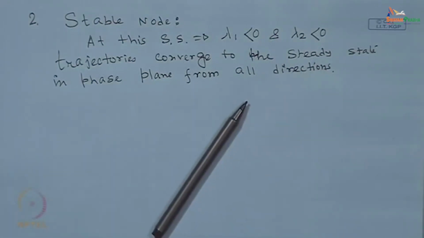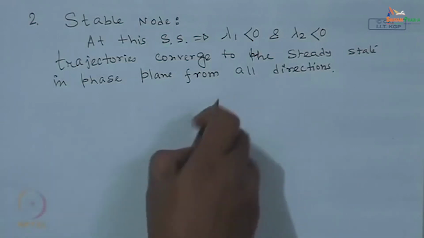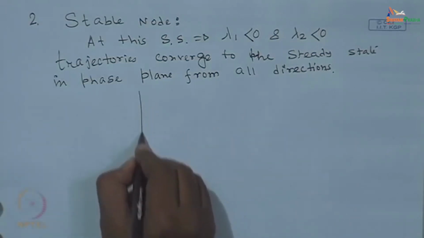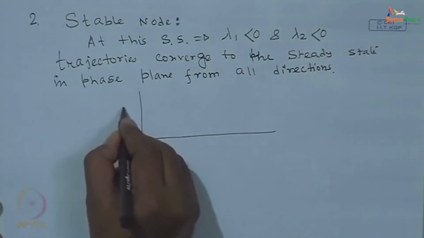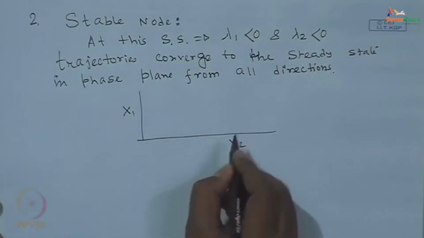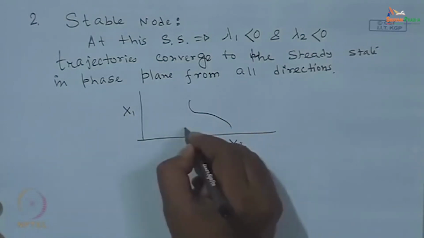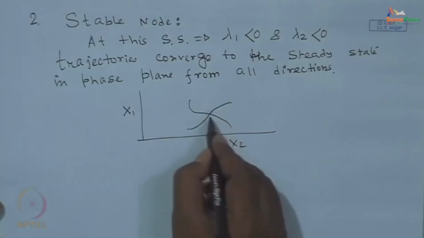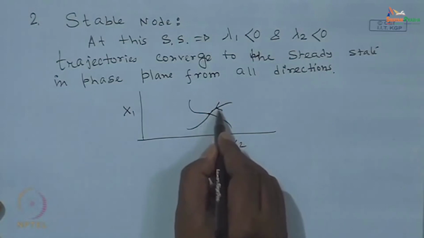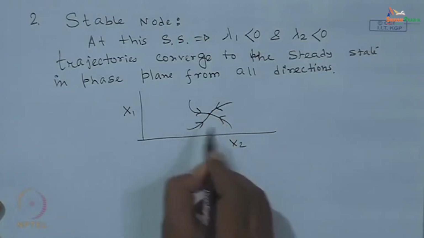That particular node is called a stable node. In the phase plane plot, x1 versus x2, if this is the steady state, any point around it will converge to this.